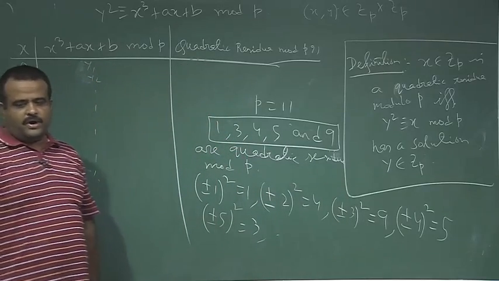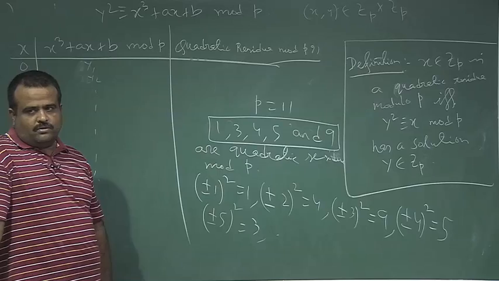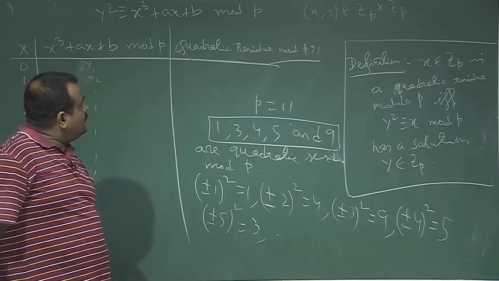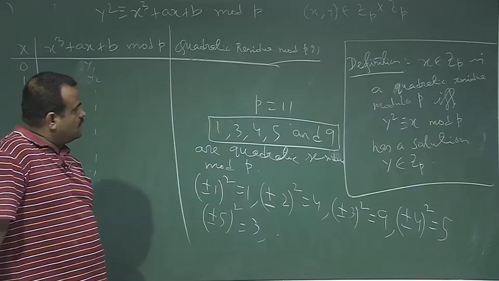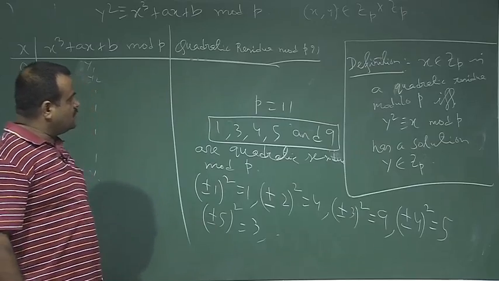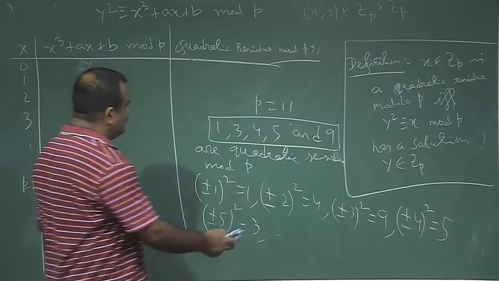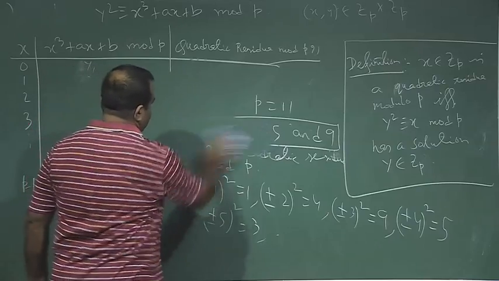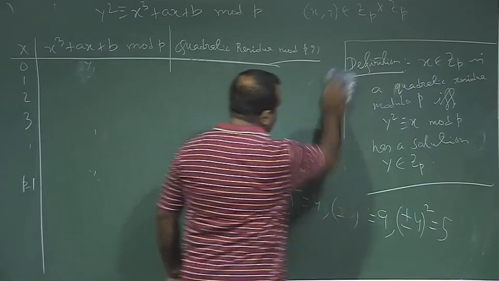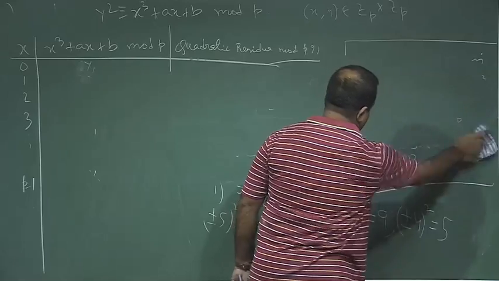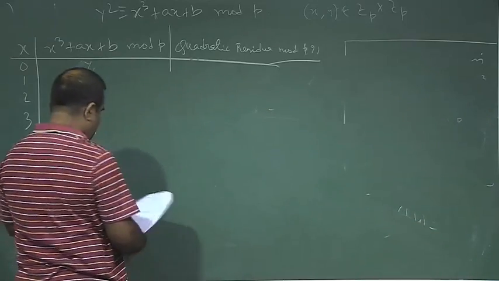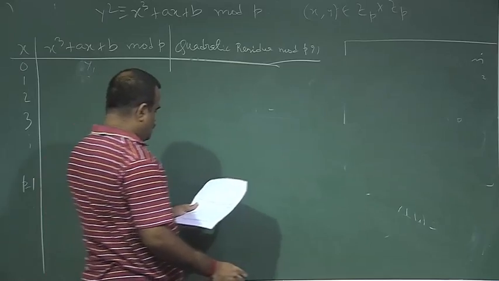So, these are the points which have a square root. Now, the question is how we can check whether a number is a quadratic residue or not. We can check this from Euler's criterion. So, what is that Euler's criterion?